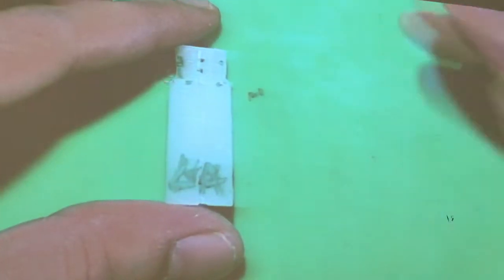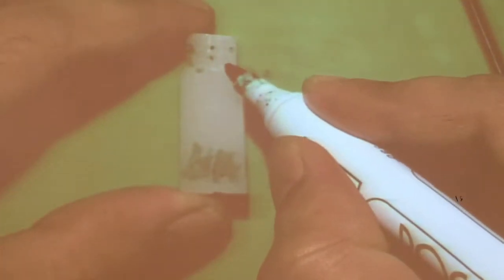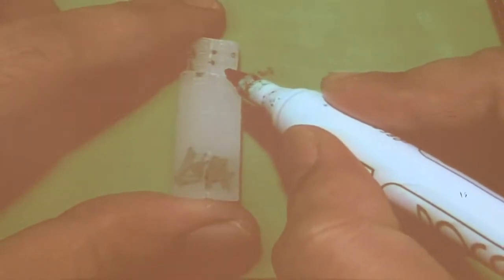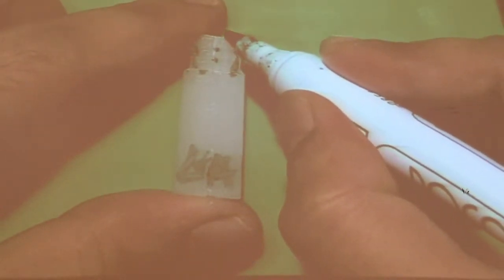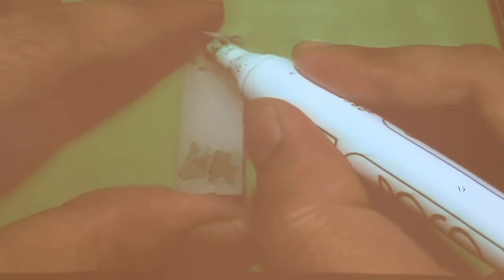So now what I do is I just mark the outline. From this point I'm joining it slightly concave. Here concave, here also slight concave, and here concave. The more concaves here. So this much I have to remove.